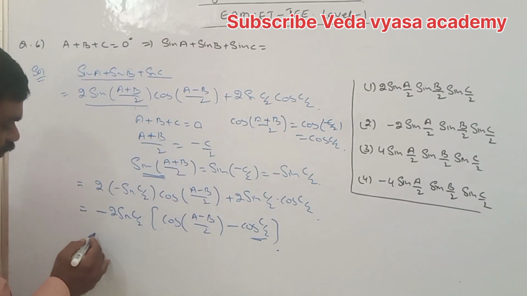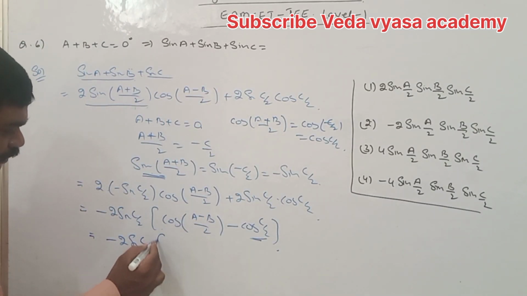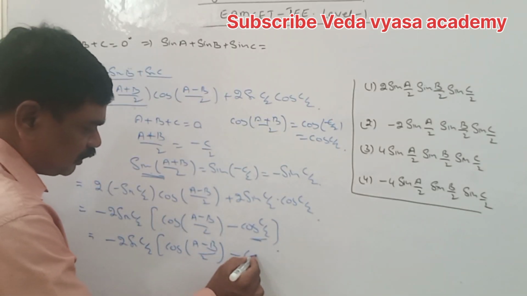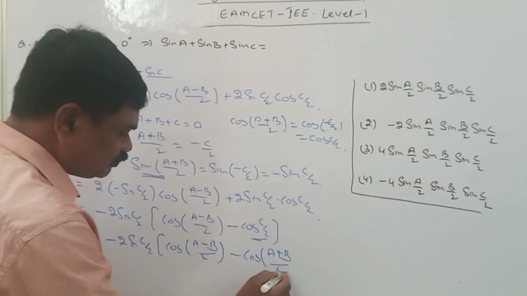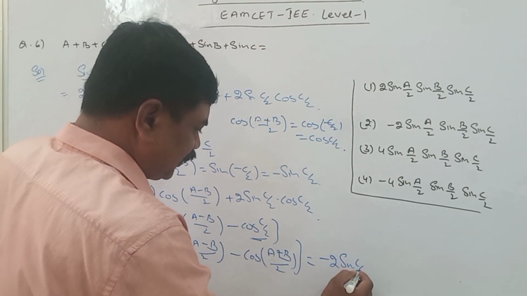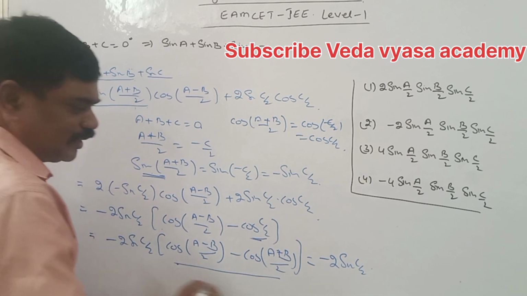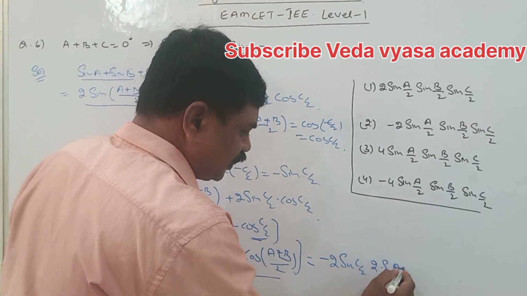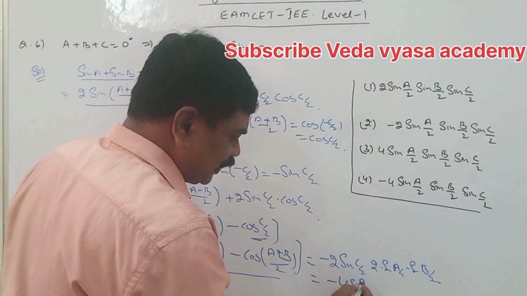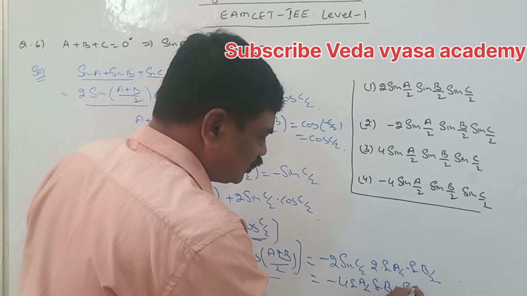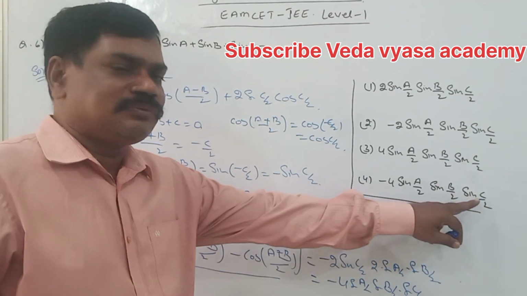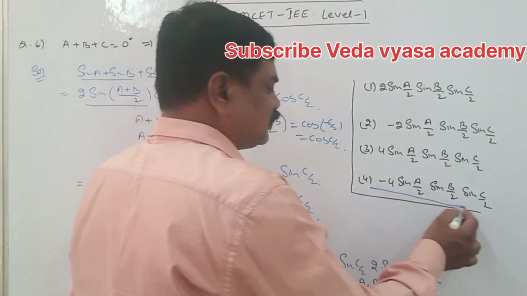So this is minus 2 sin C by 2 into [cos of (A minus B) by 2 minus cos of (A plus B) by 2], which can be written as 2 sin A by 2 sin B by 2. So we get minus 4 sin A by 2 sin B by 2 sin C by 2. So option 4 is the answer.